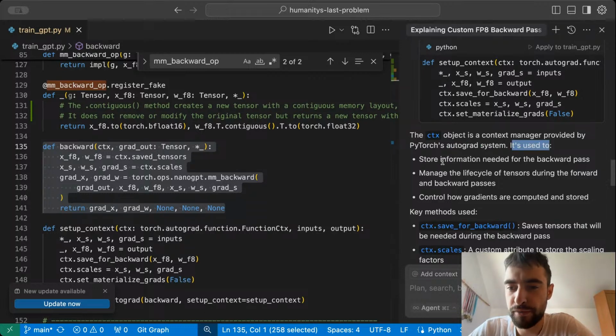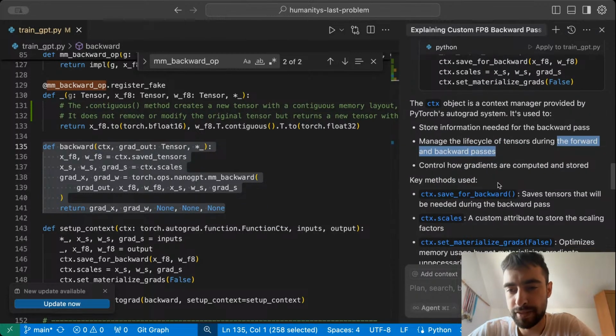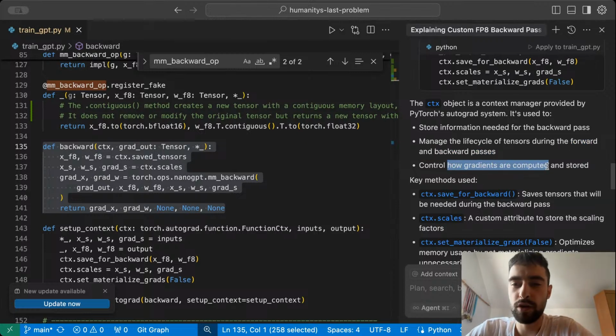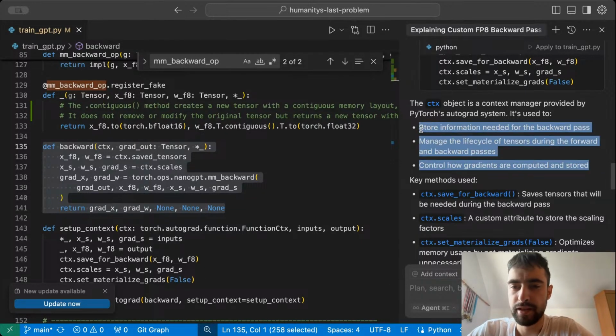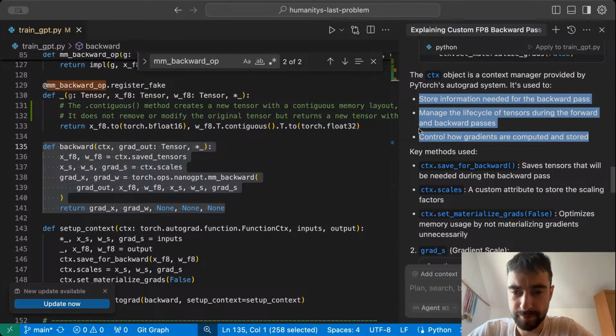It's used to store information needed for the backward pass, manage the life cycle of tensors during the forward and backward passes, and control how gradients are computed and stored. This is the whole thing about so many functions in the backward pass.